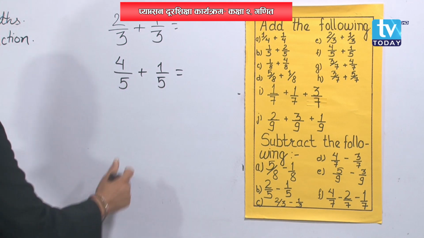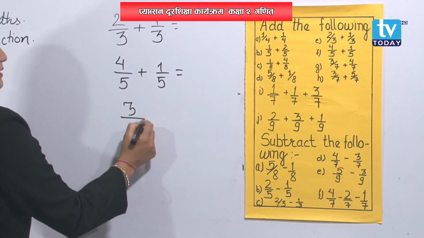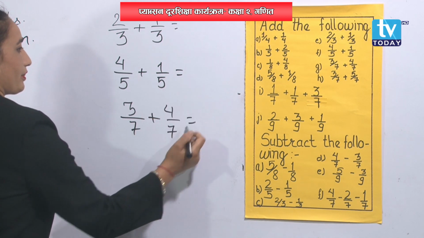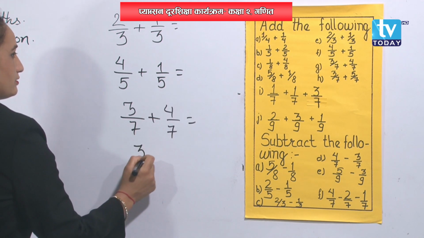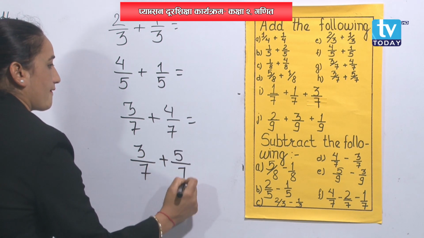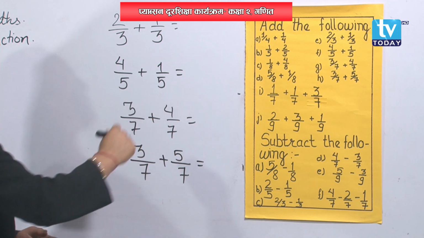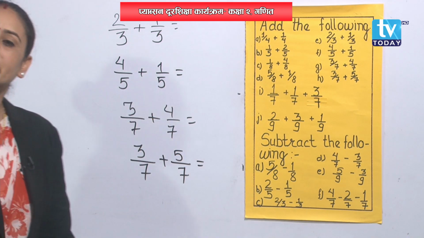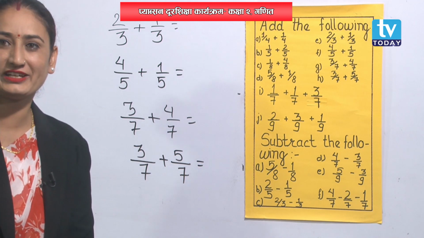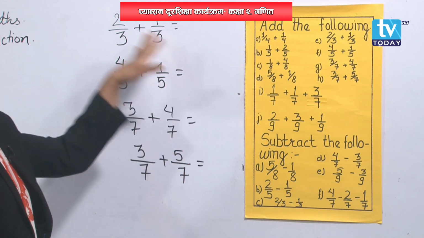Go on, I will write the question for you. You have to say the answer by yourself, okay? Now, students, have you written the answers? I hope so. See, students, now tell me the answer.